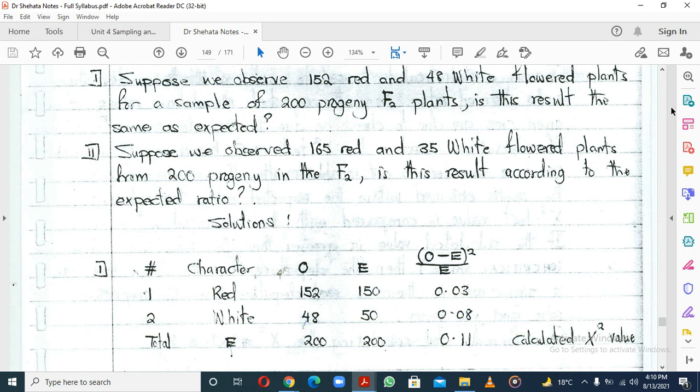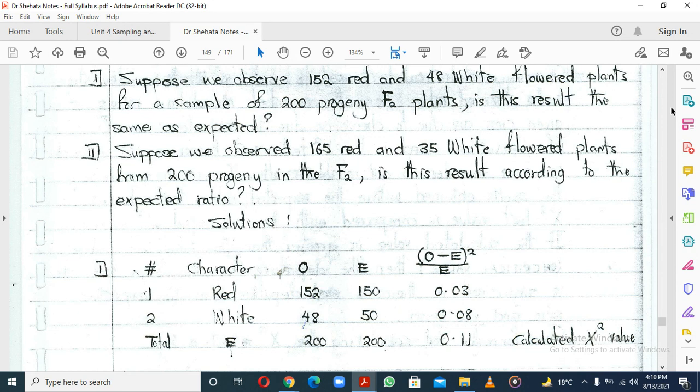Then the character is what phenotypical traits are you looking at? We are looking at either the flowers being red or the flowers being white. That's really what's important there.